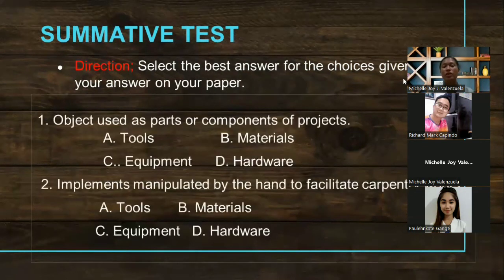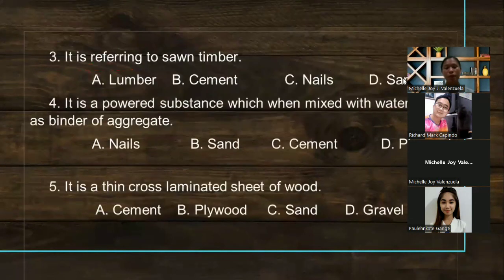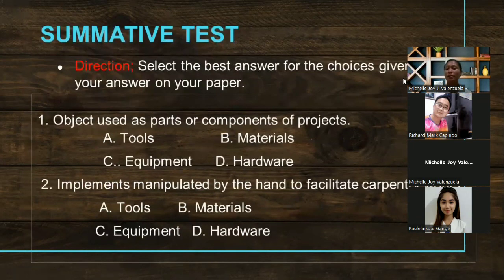Then you are going to answer a 10-item test regarding our lesson. Then once you're done, just give it to your parents. Then I will be collecting your answer on Monday. Okay, is that clear? Yes, clear, ma'am.